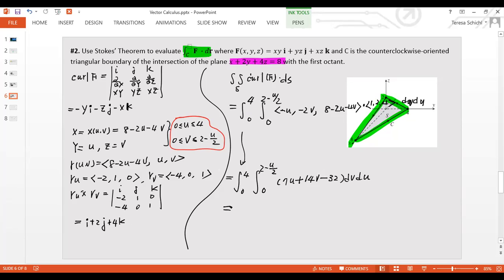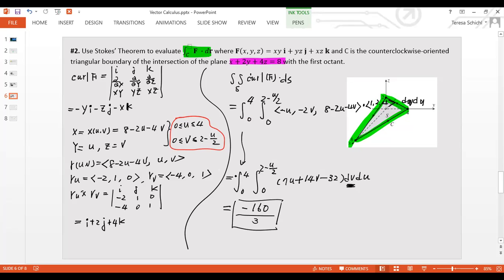Now you change everything to a simple two-variable integration, the typical integration. Just integrate dv and be careful about the upper bound. The final answer after you integrate is negative 160 over 3.